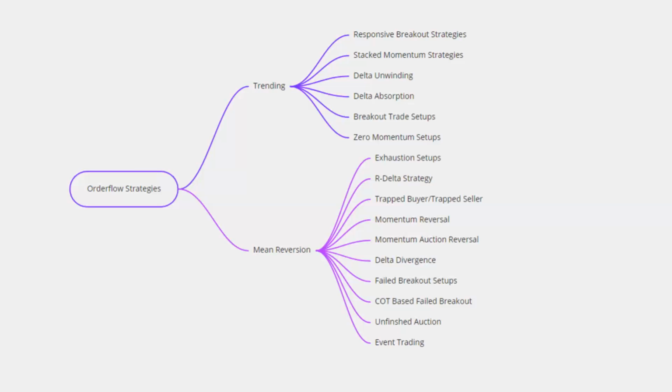So these are the list of strategies I'm going to discuss here. Some of them are trend following strategies, that means we're going to follow the trend, we are going to follow the price. And some of them are mean reversion strategies, where we're going to trade against the current trend. So these are the setups I'm going to discuss, and I can guarantee you only one thing here.